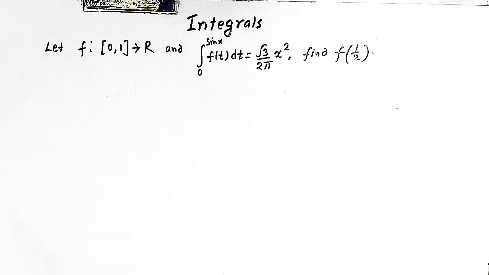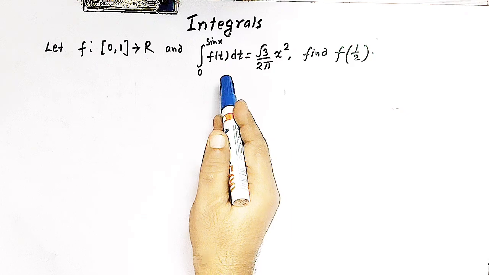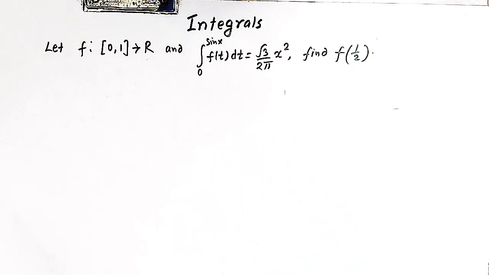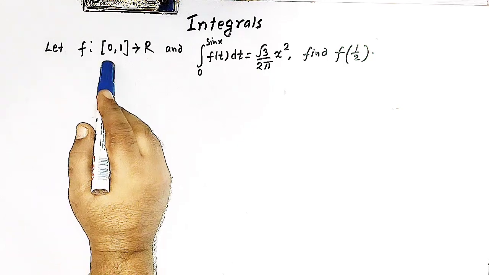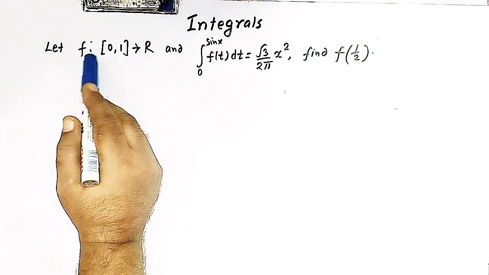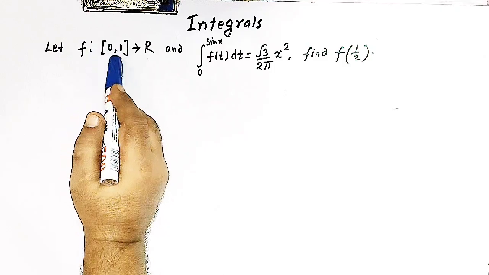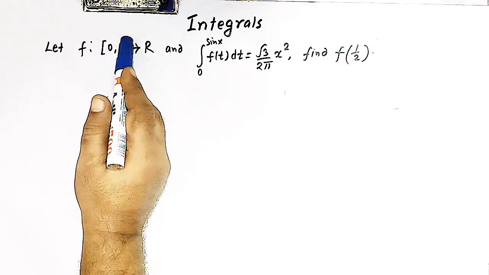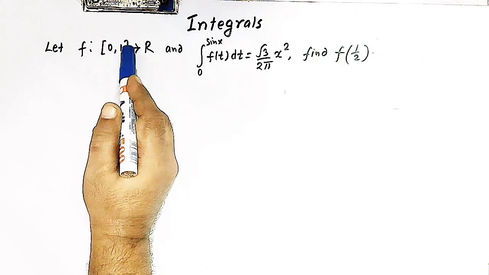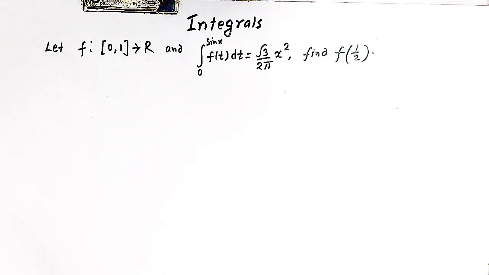Let us first see the statement of the Leibniz integral rule, and then we'll see how we can easily solve this problem using it. Moreover, the function f has the domain, the closed set [0, 1], and this domain is going to play a crucial role. So let us start.